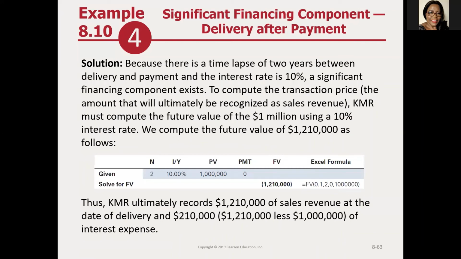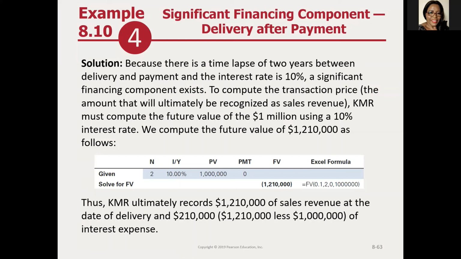Because there's a time lapse of 2 years between the delivery and the payment and the interest rate is 10%, a significant financing component exists. To compute the transaction price, which is the amount that will ultimately be recognized as sales revenue, KMR must compute the future value of the $1 million using a 10% interest rate.